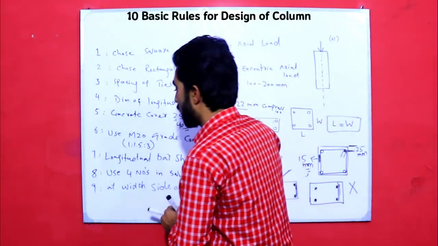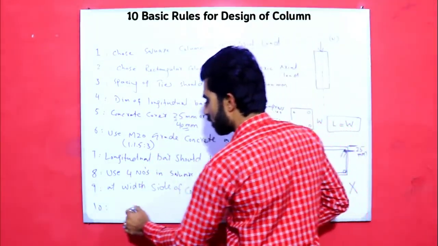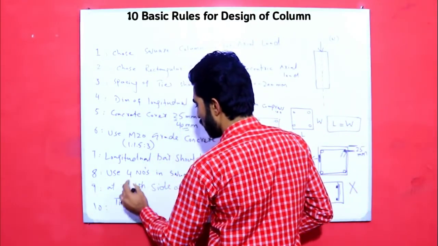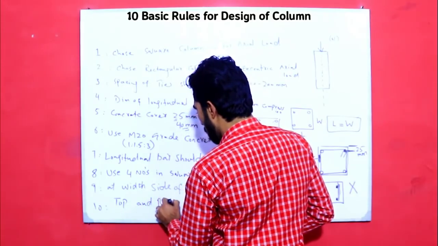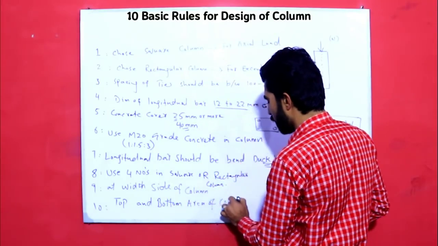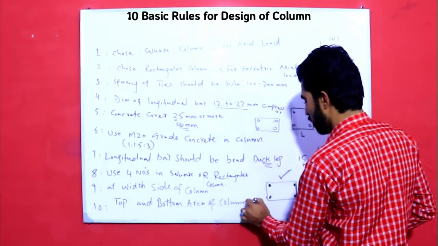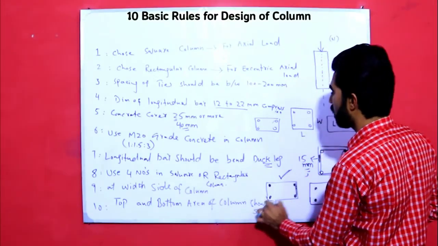And the last one is guys, 10-point basic rules, that is, okay, top and bottom area of column should be same.